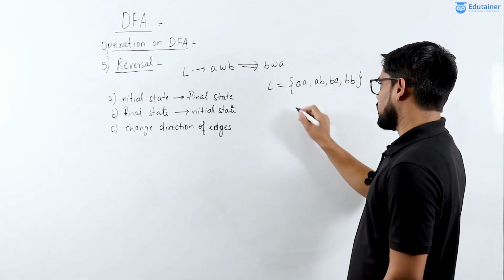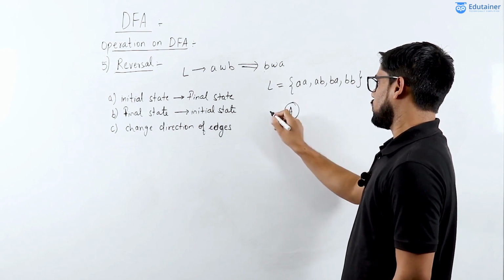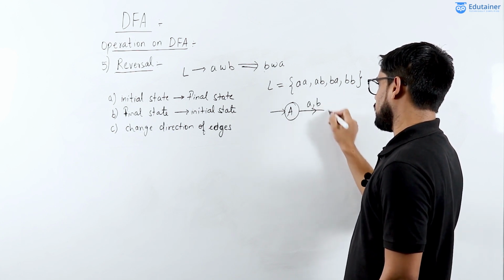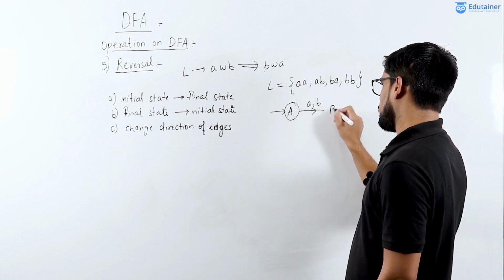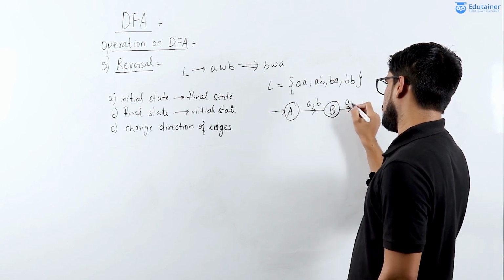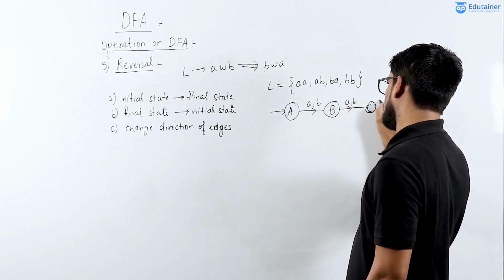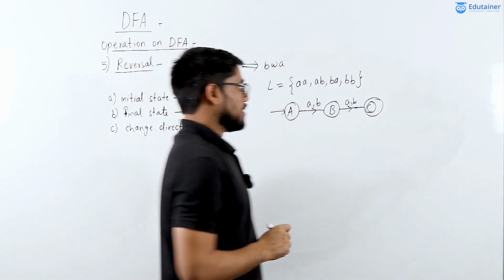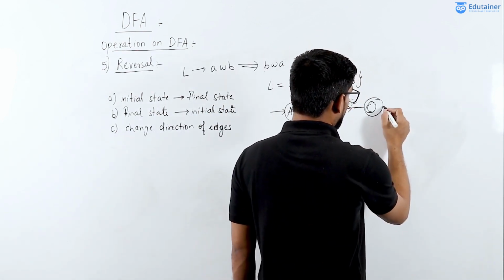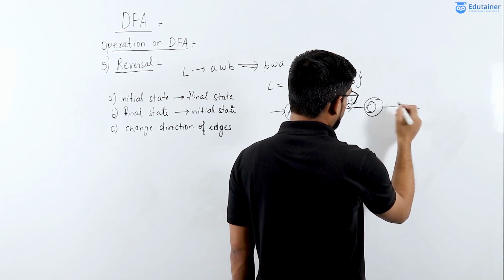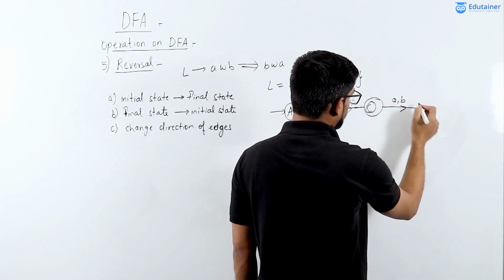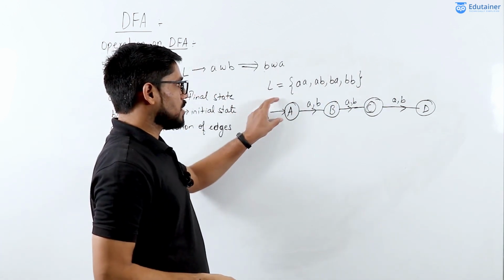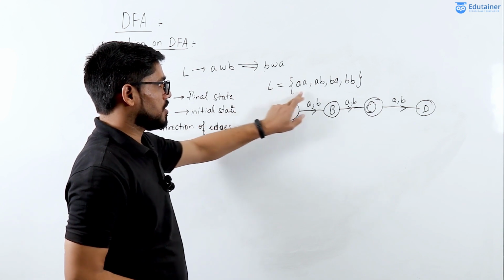If I draw the transition diagram, then it contains capital A as the initial state, and here A, B, I will go to the next state capital B, and again take A, B and go to the final state capital C. On the final state, if I see one more A or B, then I will go to the dead state. That means I will simply reject the string. So capital D is the dead state. So this is the transition diagram for the language which has length exactly 2.